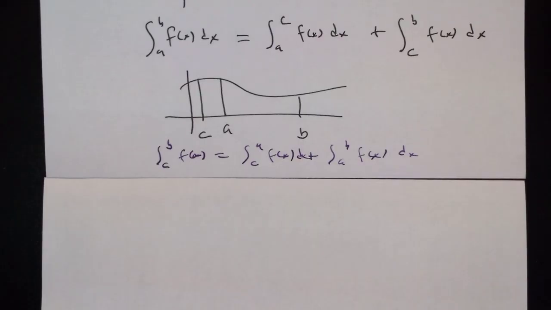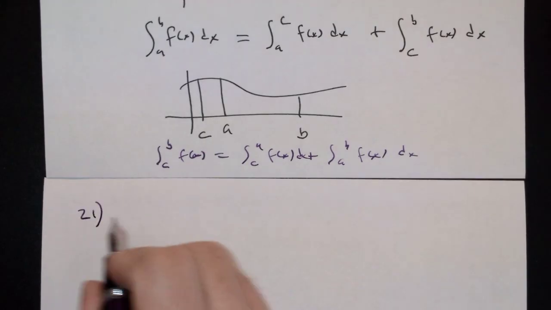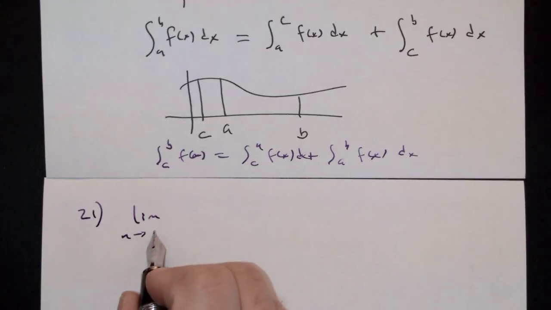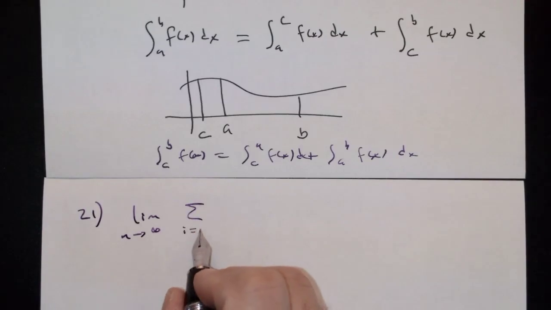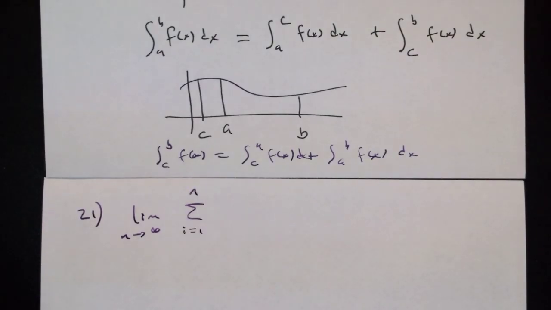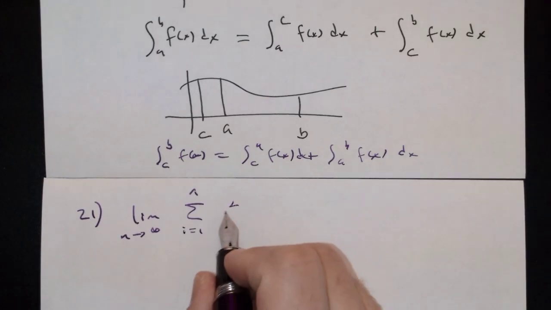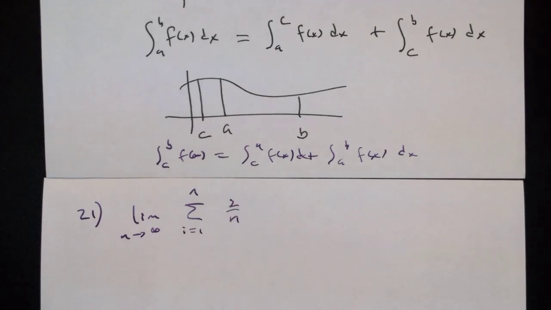Like 22. Okay, you want to do 21 or 23? Okay, in 21, we are given the limit as n goes to infinity, sum i equals 1 to n, 2 over n times 1 over 1 plus 2i over n.